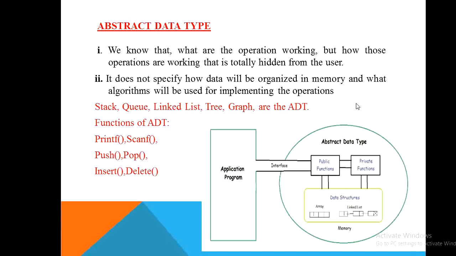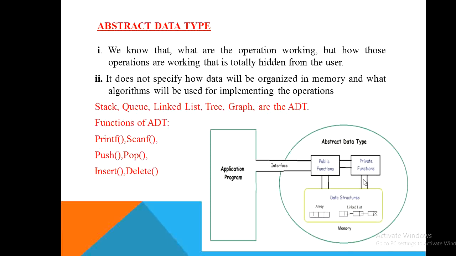We know the operation of that function, but the detailed implementation here in the circle is hidden from the user. The user only knows the operation and the result of the program. This part is totally hidden from the user.